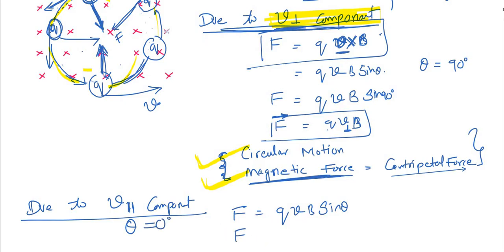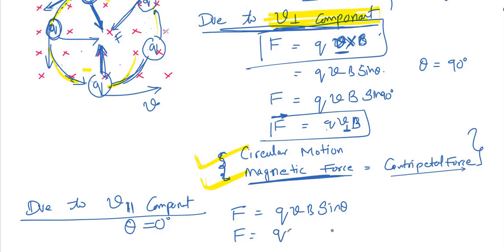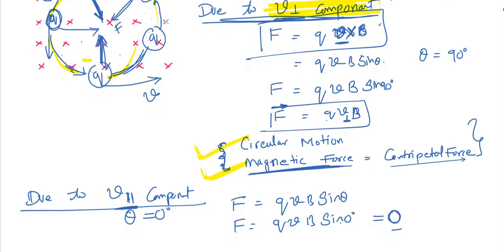The magnetic force will be F = qvB sin 0, and sin 0 is 0. The magnetic force due to the parallel component of the particle speed is 0. So it will not experience any force, as if there is nothing.